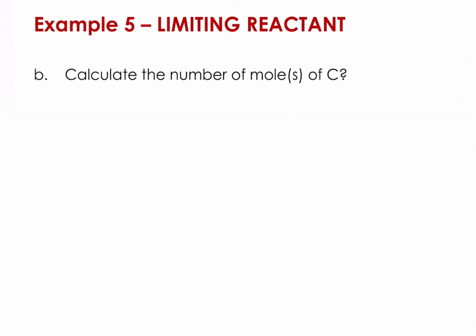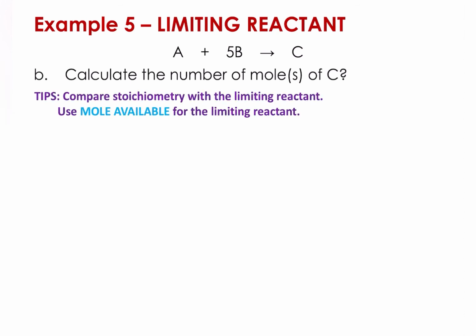Okay, so settle for question A. Now we are going to continue with the question B, where I have my equation original from the question. And this is where I have to do the stoichiometry between limiting reactant and my product. Okay, why dengan limiting reactant? Okay, as you know that, kita mesti compare produk dengan reactant yang betul-betul consume sehabisnya.